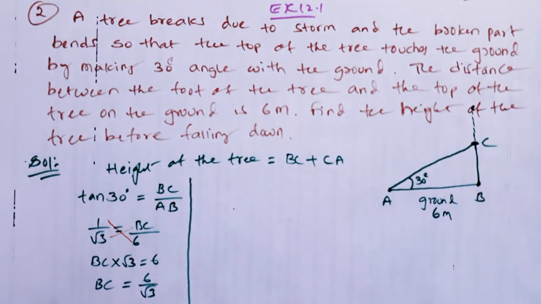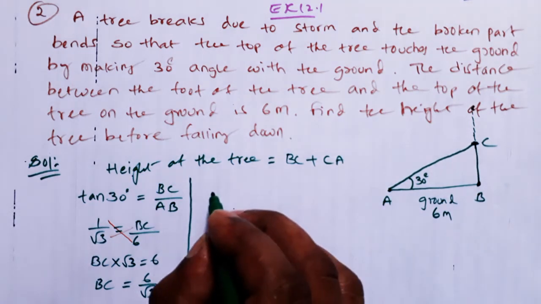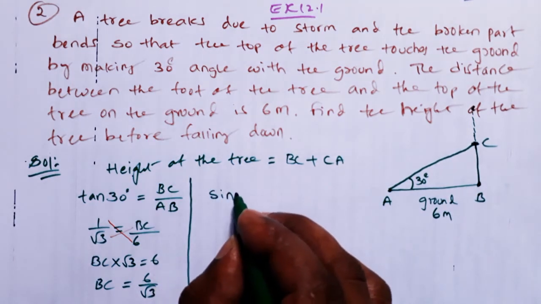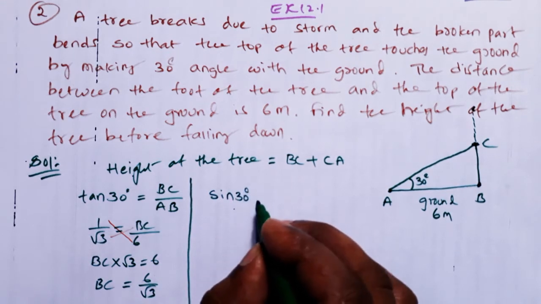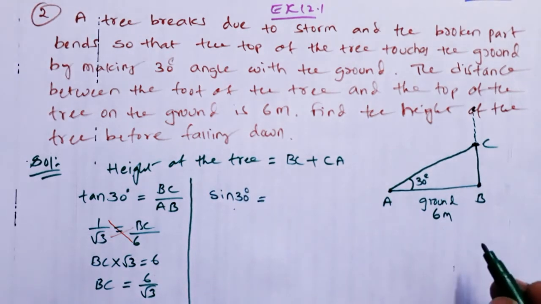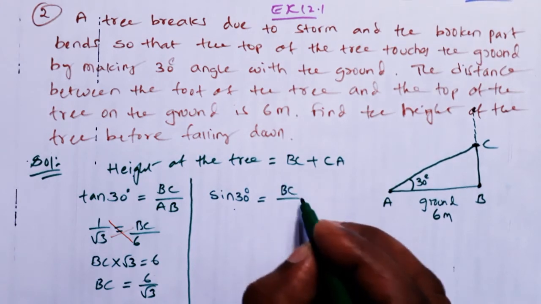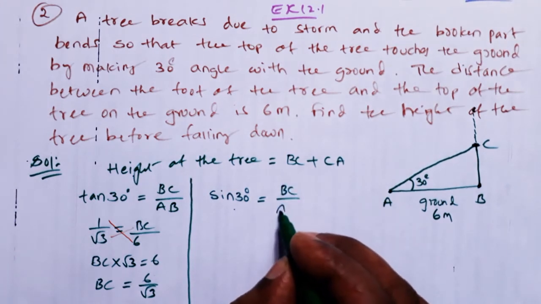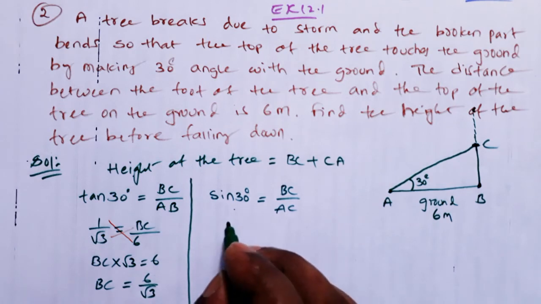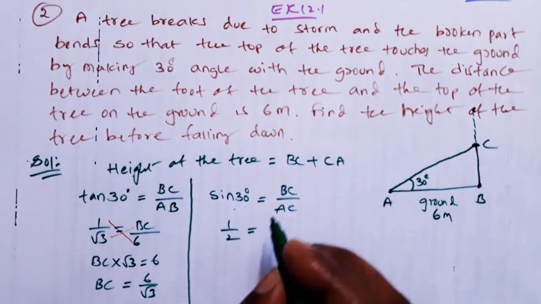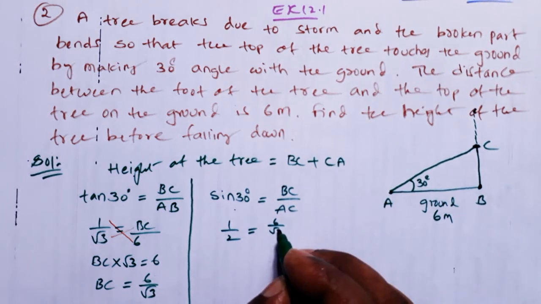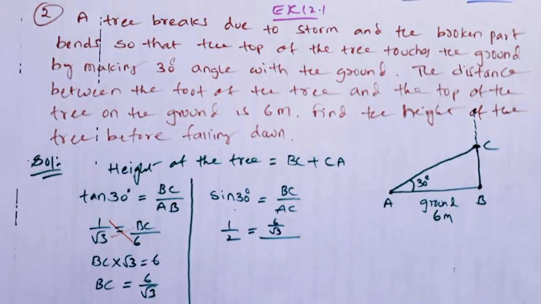Now we have to find AC. For that, we will apply sin 30. Sin means opposite by hypotenuse. Opposite means BC, hypotenuse AC. Sin 30 is 1 by 2, equals BC, which is 6 by root 3, divided by AC.